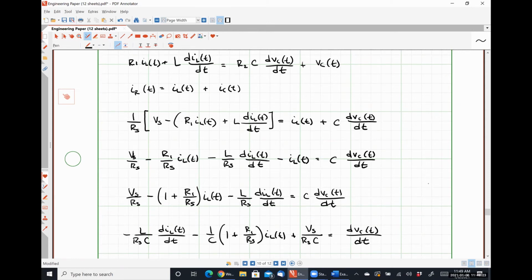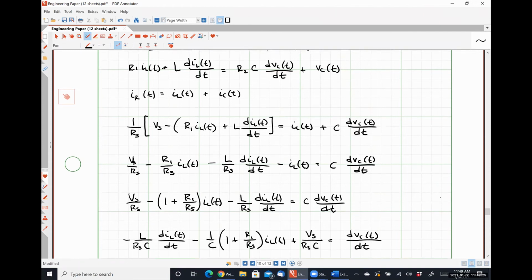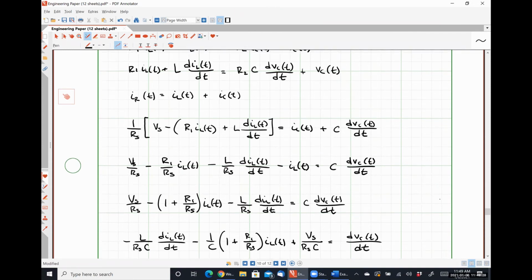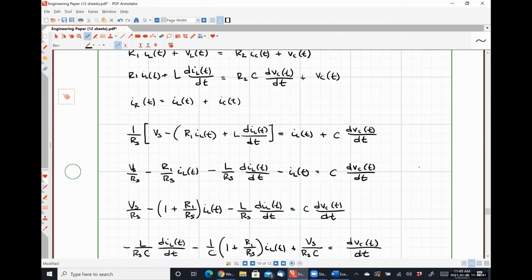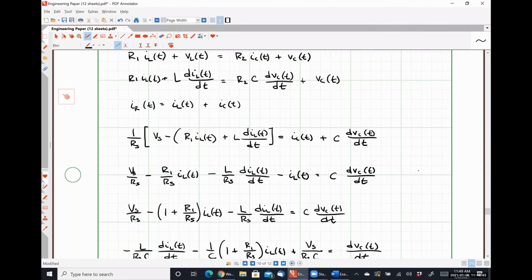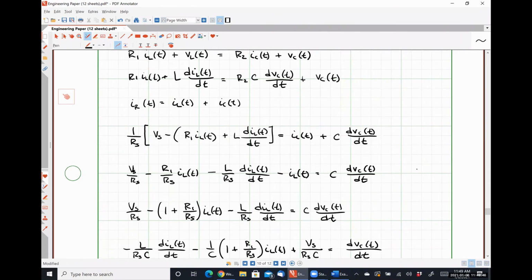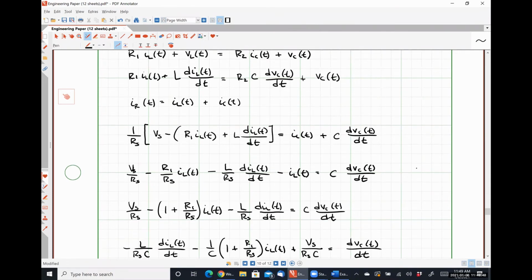Now I'm going to look back through here to see what I can do. So I have the derivative of my capacitor voltage in terms of the derivative of IL and IL itself and a constant term.